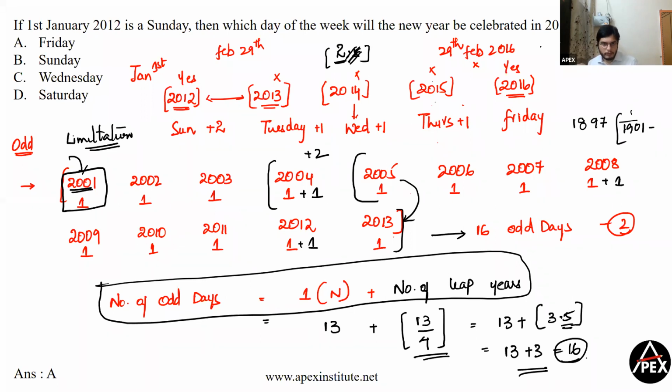You can do it separately. If there is any century year in between, you can determine that from the start to that year and from 1901 to this year.